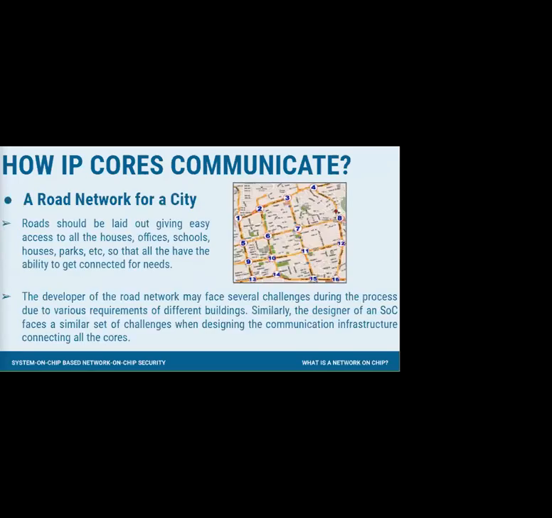So consider a designer who is responsible for designing a road network of a large city. When it is done, the roads should be laid out giving access to all the offices, houses, schools, parks, and so on. So if all of these most common places are situated close to each other, it is inevitable that the roads in the connected area will get congested and the other areas might be relatively empty.